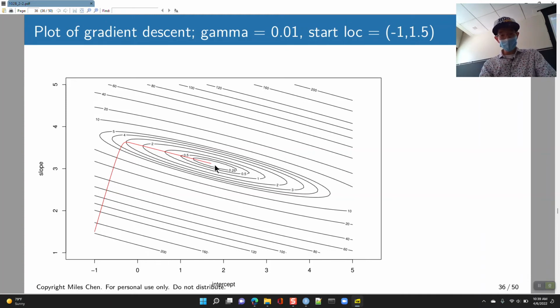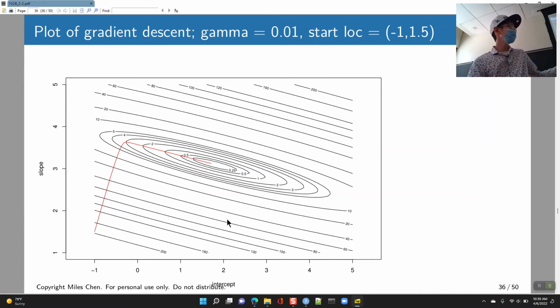I hope we're okay at looking at contours and recognizing that the minimum is at the center of this circle, where the intercept is 1.8 and the slope is 3.1. If we pick a different intercept, say 2, and a slope of 2, we're going to have quite a different value of the loss.